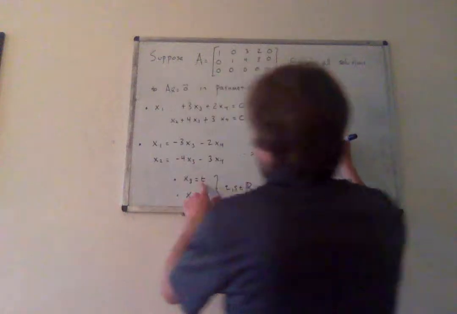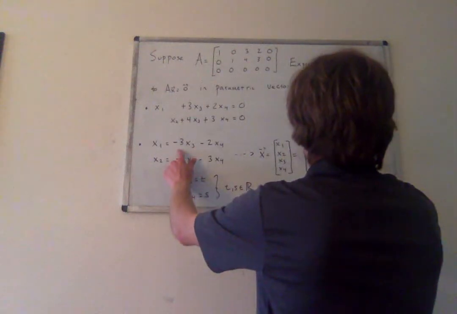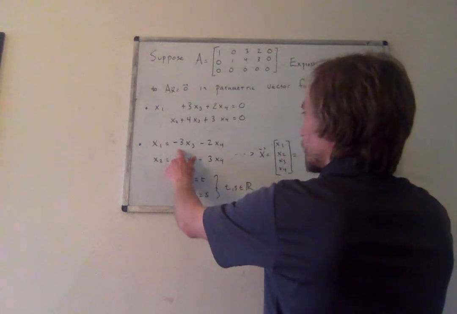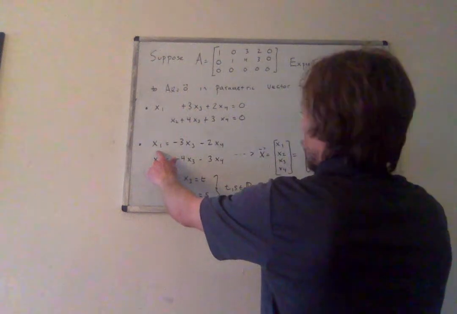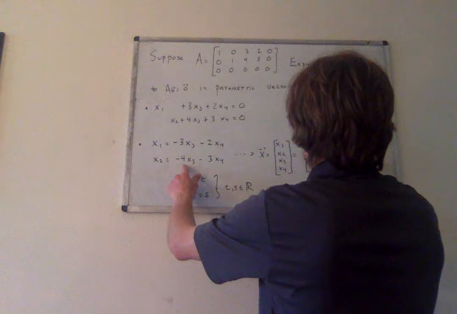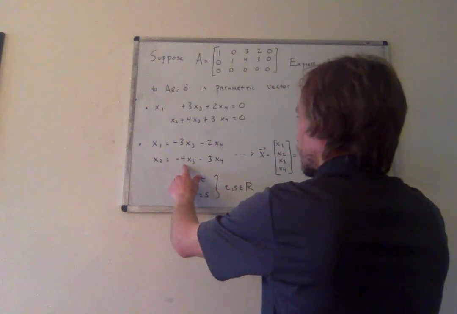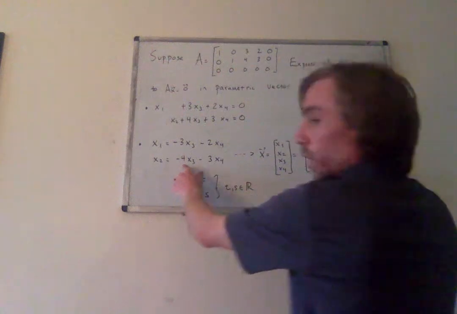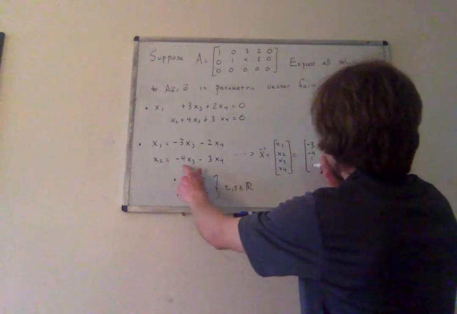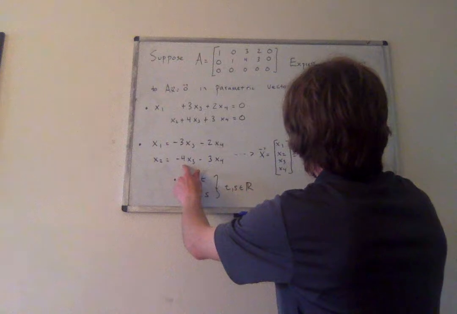So whatever value I chose for x3, I should multiply -3 times that when calculating x1. Whatever value I choose for x3, I should multiply -4 times that when calculating x2. Well, x3 should equal 1 times itself, and x4 does not depend at all on x3.